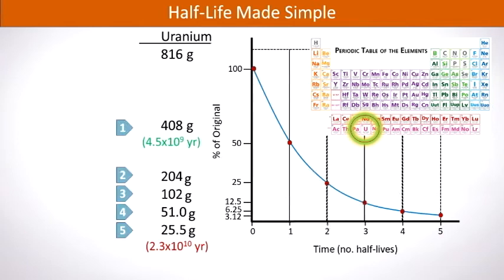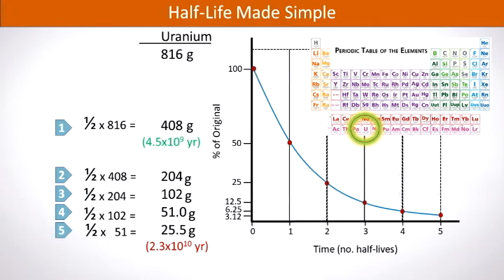And then we take it through its second, third, fourth, and fifth half-life to obtain 25.5 grams. And the math is shown here, where it's 1/2 times the concentration or the mass at each half-life. So if we start with 816 grams, our final mass is 25.5 grams after 5 half-lives.